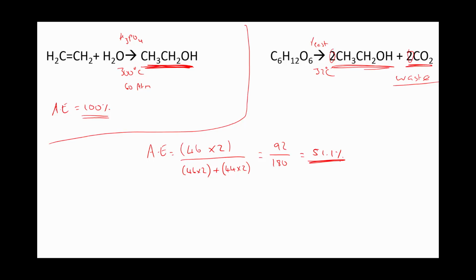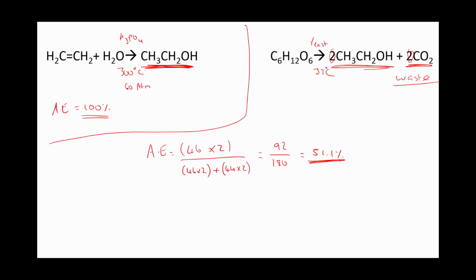This point in atom economy may well be asked in a question asking you to compare and contrast the two processes of making ethanol. And you could well say, for a mark or two, that the atom economy in the fermentation is a lot lower than it is in the hydration of ethene.